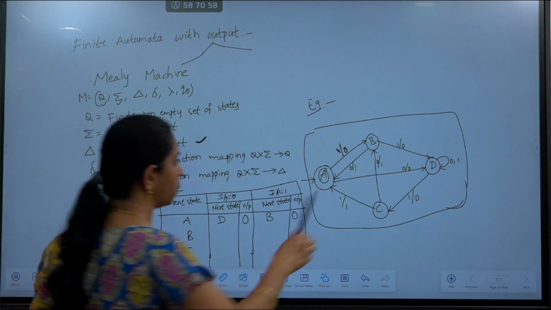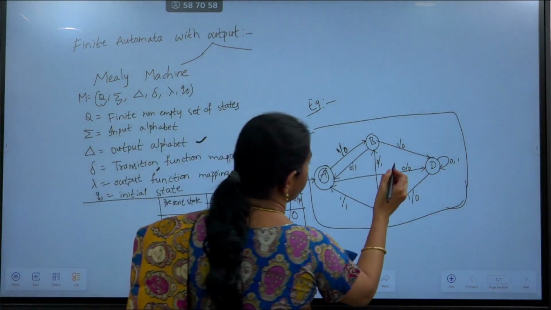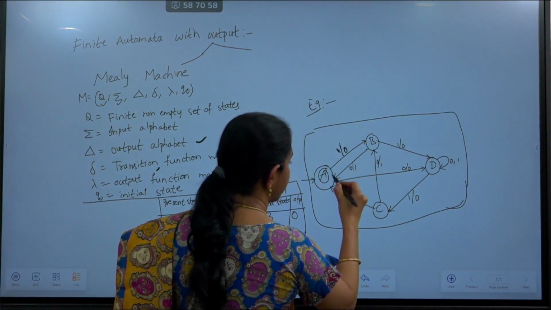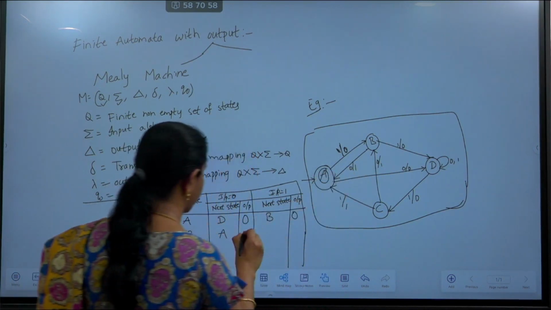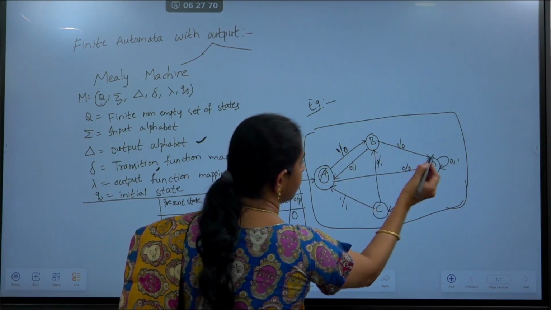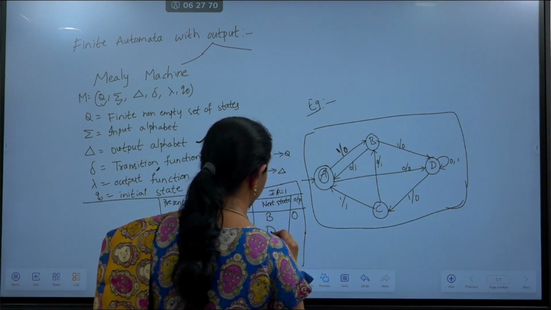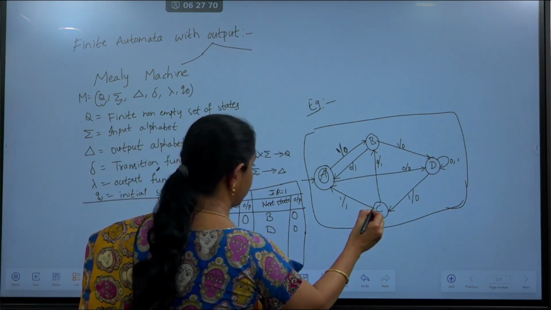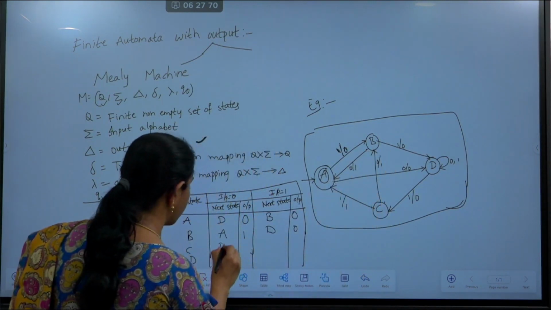Next, coming to B. On input 0, the next state is A, and the output is 1. B on input 1, the next state is D, and the output is 0. C on input 0, the next state is B and the output is 1.